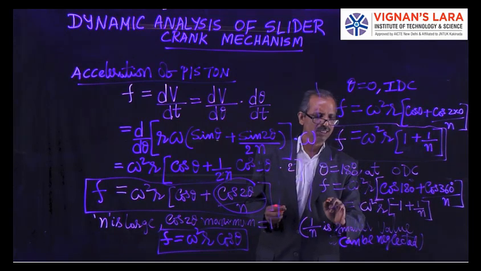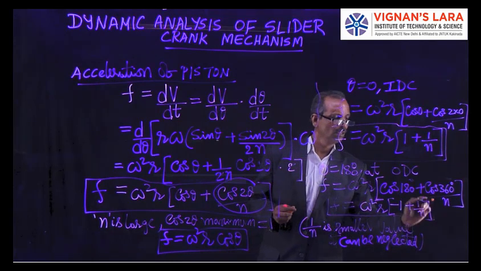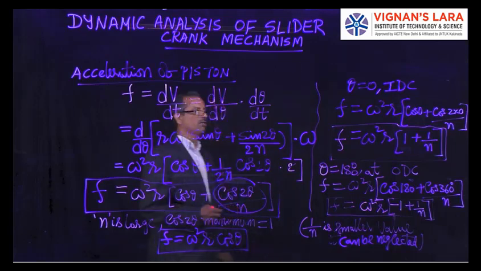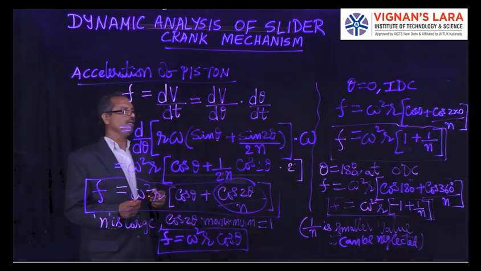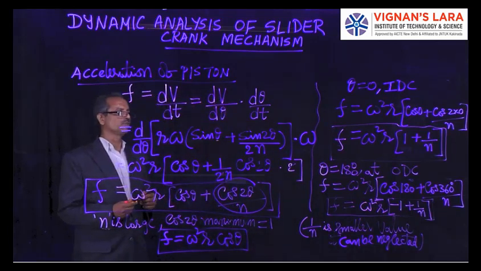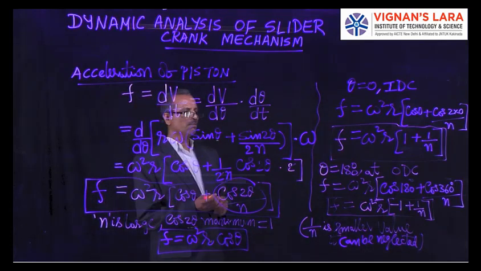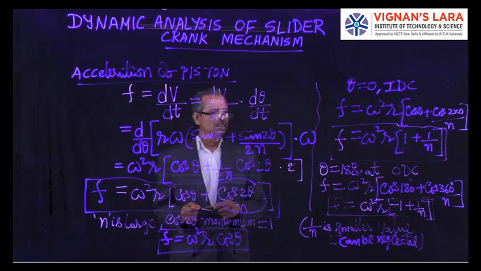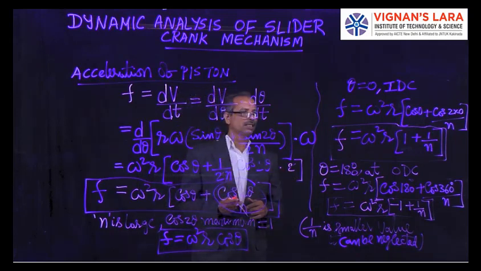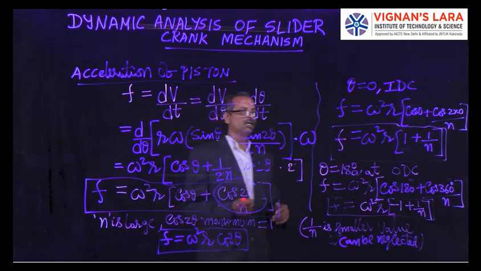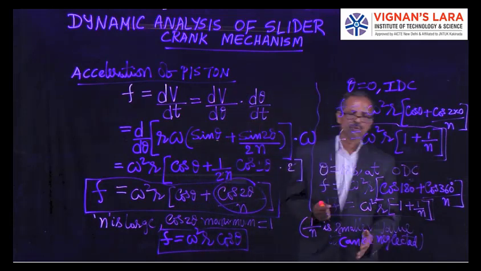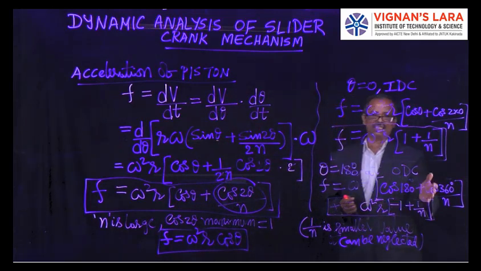So F is equal to omega square r into minus 1 plus 1 by n. Okay, so this is the acceleration of the piston. Similarly, we can write for the reversing position of the crank further.